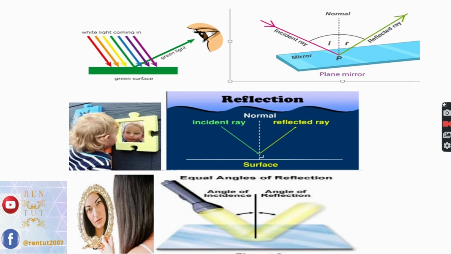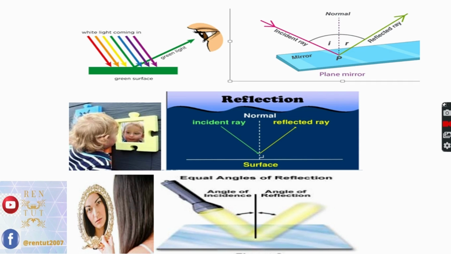Okay, because if the angle which the incident ray and normal make is represented as angle i, and the normal and the reflected ray make an angle called r, so angle i should be equal to angle r, that is, angle of incidence is equal to the angle of reflection.